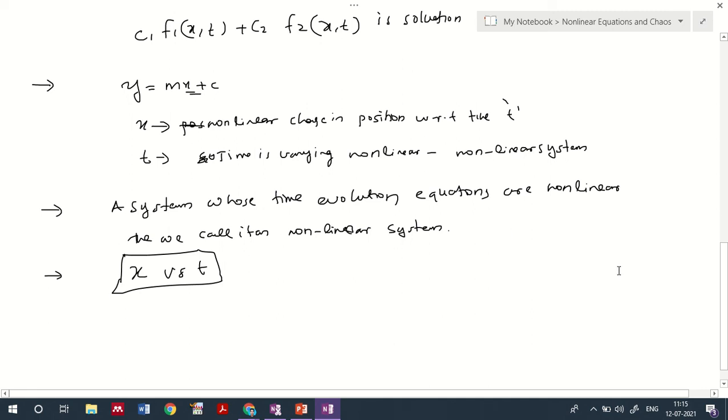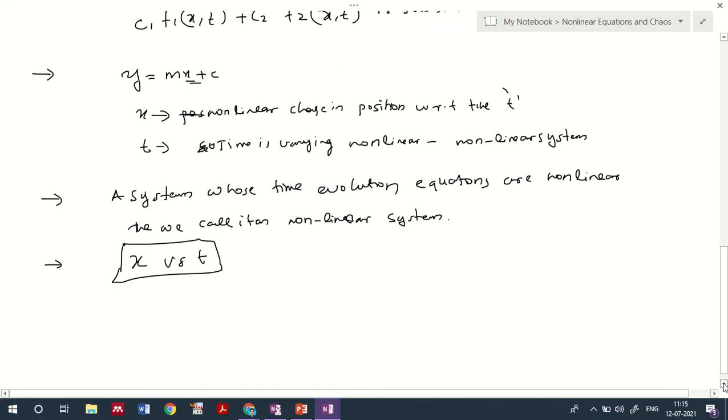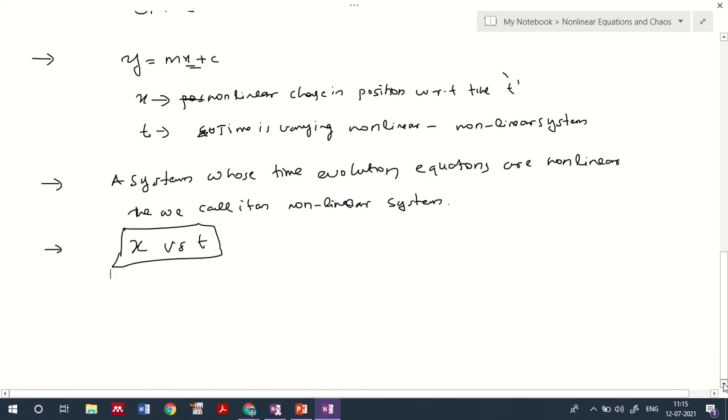And the important property we can say about a nonlinear system is that it does not follow or obey the principle of superposition.